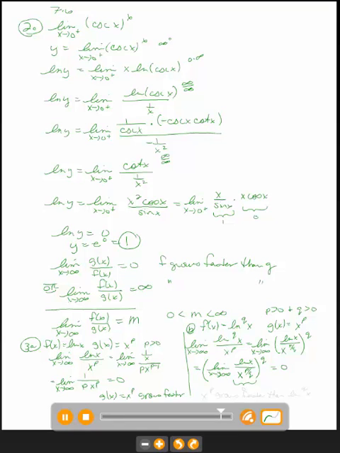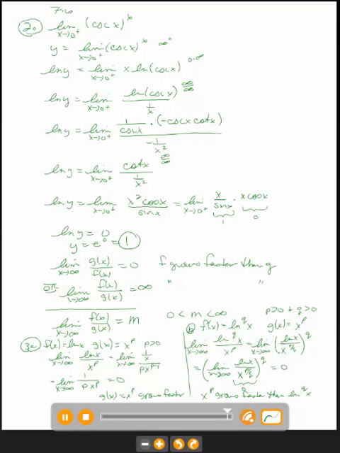Which then means that the denominator grows faster, so now we can also say positive powers of x grow faster than positive powers of natural log of x. The x to the p grows faster than the natural log to the q of x.